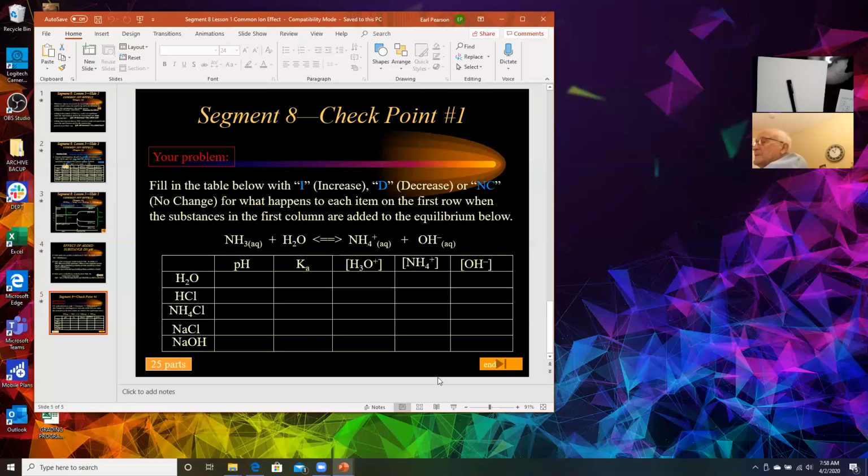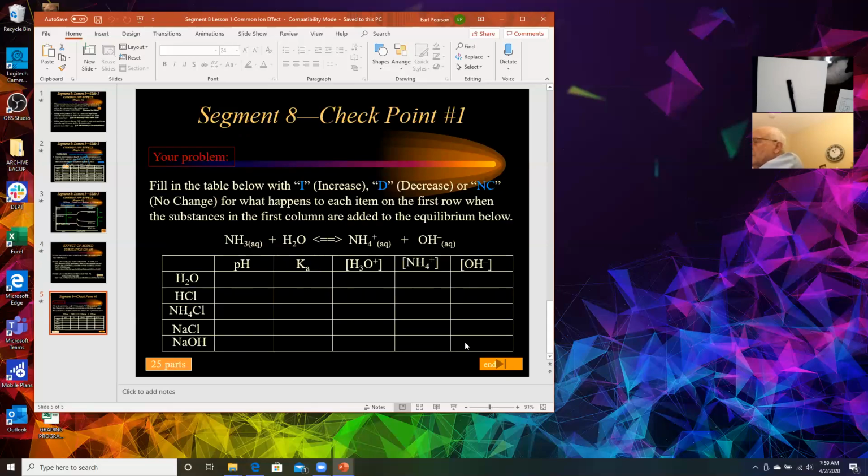Now, let's look at the last part of this equilibrium, your checkpoint. It might not be exactly the same one that's on D2L, but the one that's on D2L is the one that you should use. And it'll be maybe a different example. It could be the same example. And so what I want you to do is just to mark increase, decrease, or no change in each of the columns here.